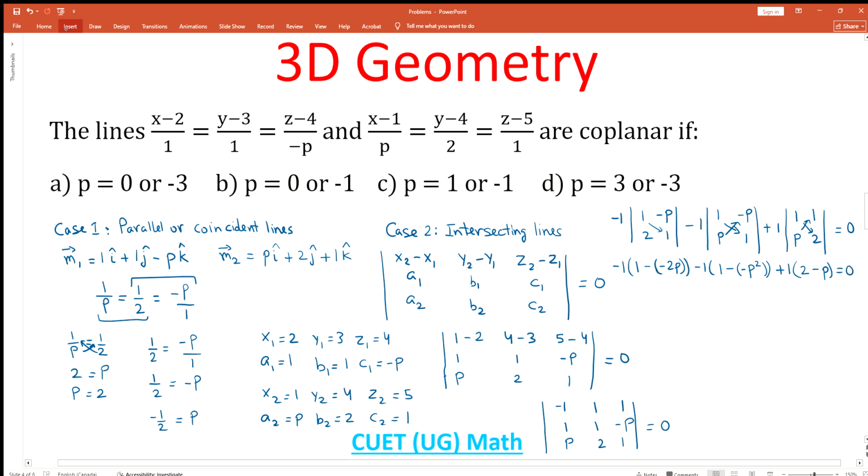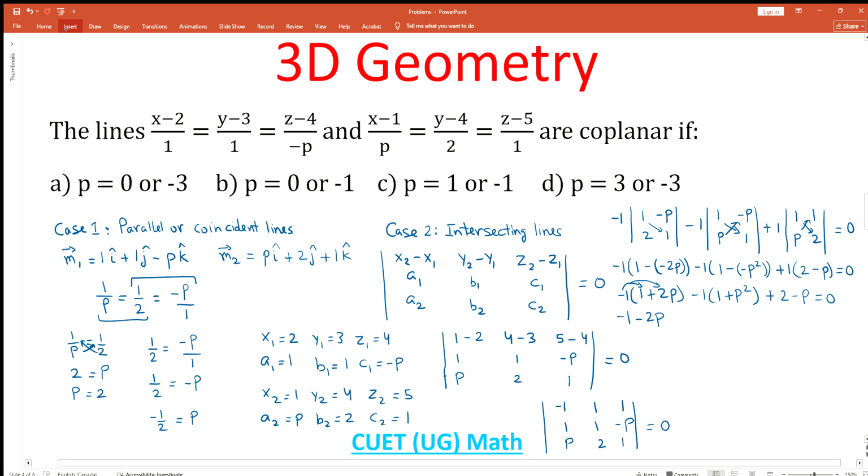We can simplify the terms. We get negative 1 times (1 plus 2p), minus 1 times (1 plus p squared), plus 1 times (2 minus p), which is 2 minus p. Next, we can distribute negative 1 into the parentheses. We multiply both terms by negative 1. I get negative 1 minus 2p.